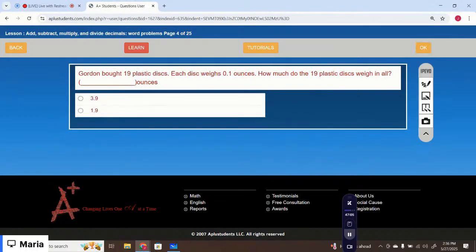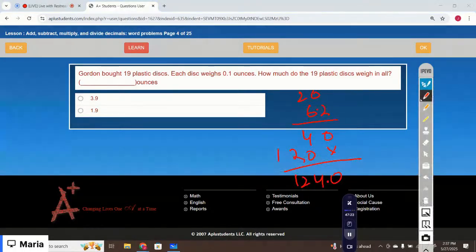Jordan bought 19 plastic discs. Each disc weighs 0.1 ounces. How much do the 19 plastic discs weigh in all? So you have to do 19 times 0.1. That is 19 times 0.1.